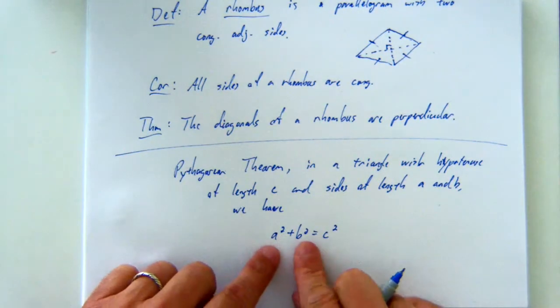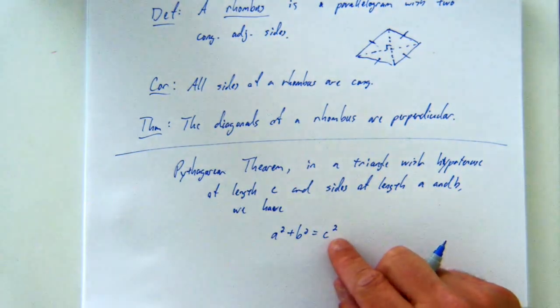The square of one side plus the square of another side is equal to the square of the hypotenuse.